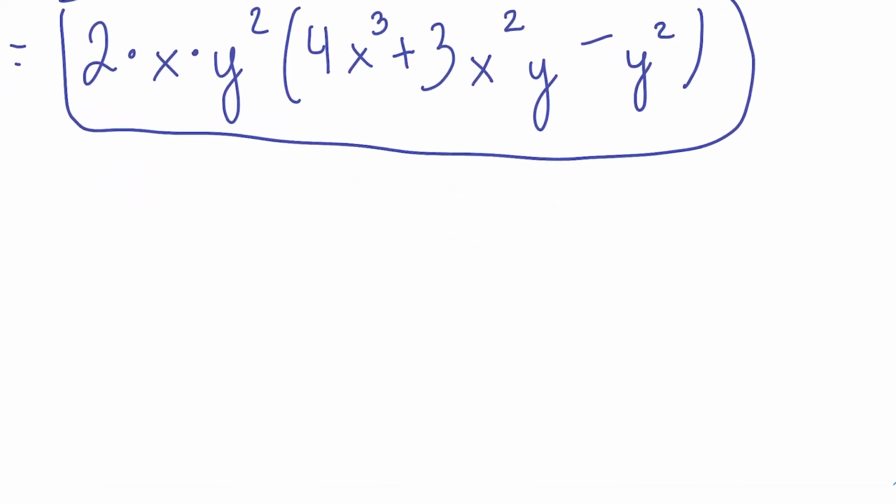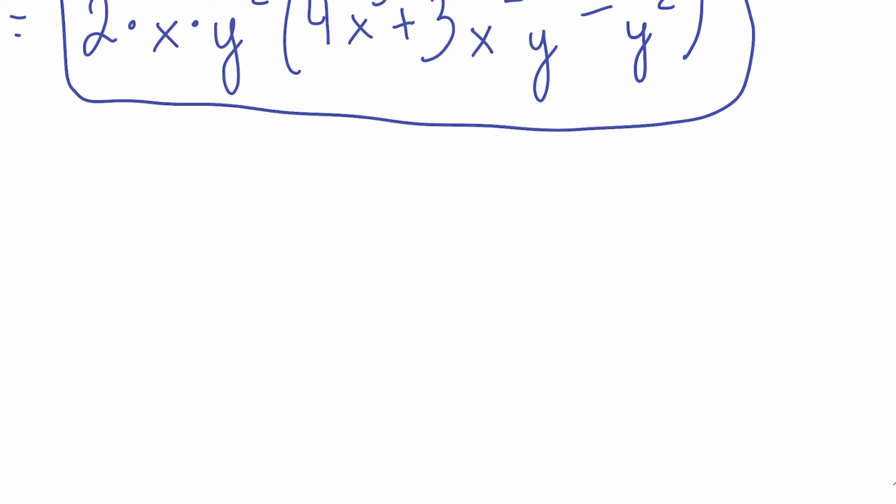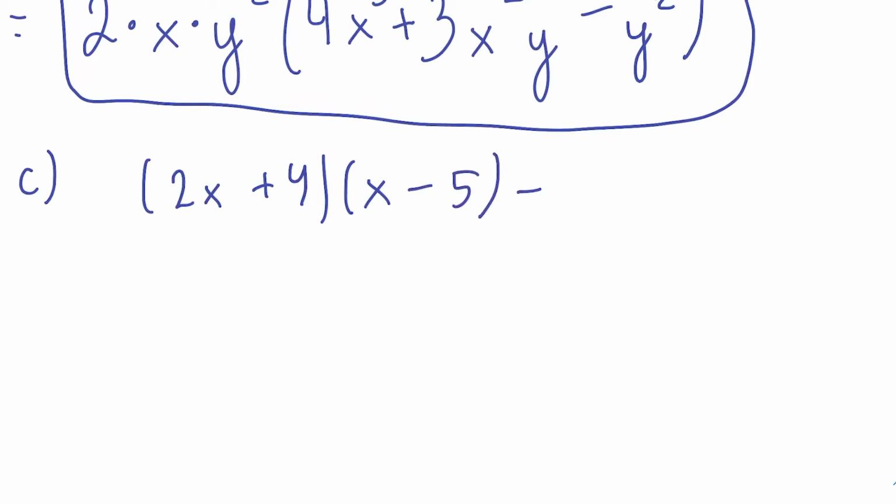Now, in the last example, I wanted to go over something like this. So let's say we have 2x plus 4 times x minus 5, minus 5 times x minus 5.